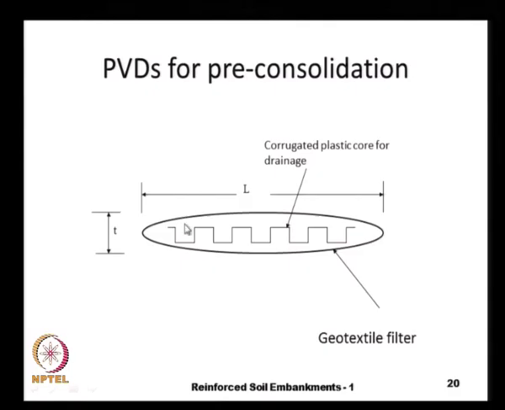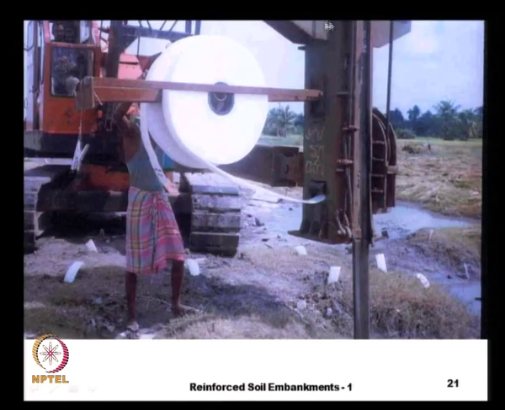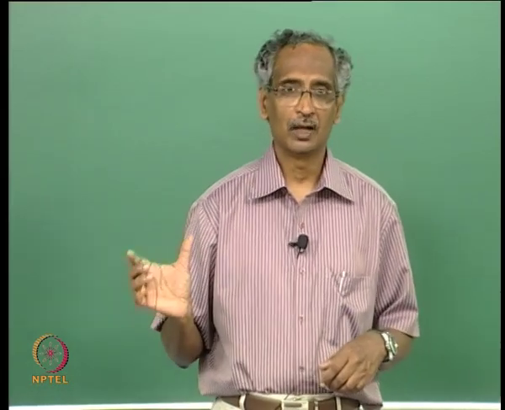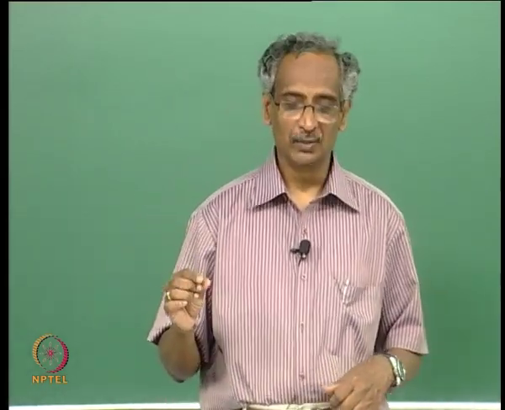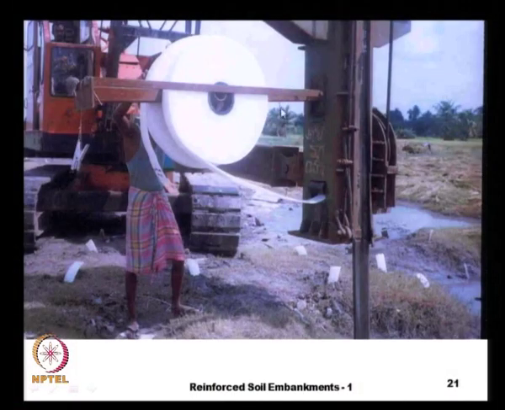And here is the schematic of the prefabricated vertical drain. It consists of an inner core and an outer textile that acts like a filter. Here we see the installation of a prefabricated vertical drain. It comes in narrow strips about 100 mm wide and 2 to 3 millimeters thick, in a length of about 100 meters.